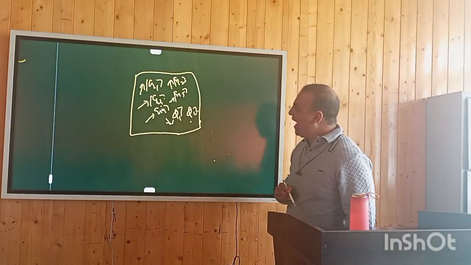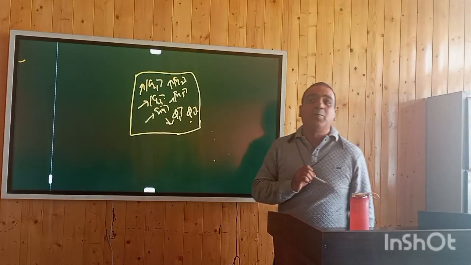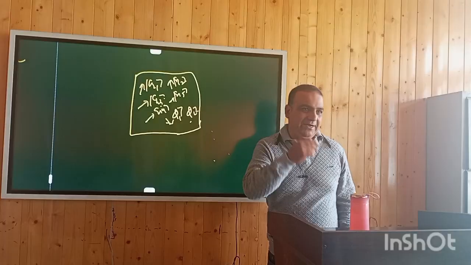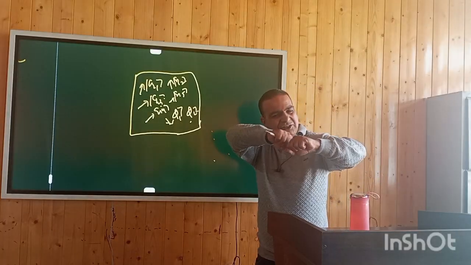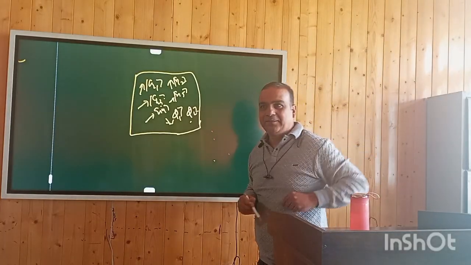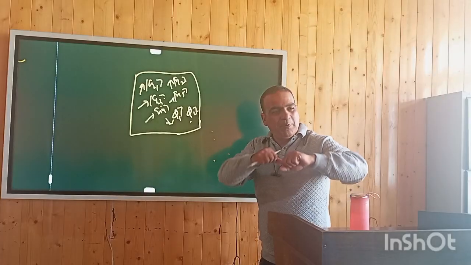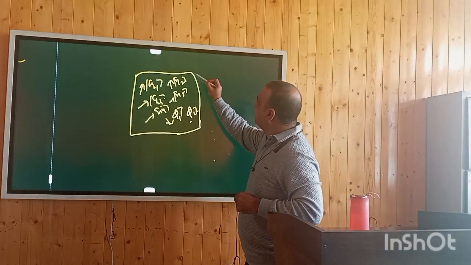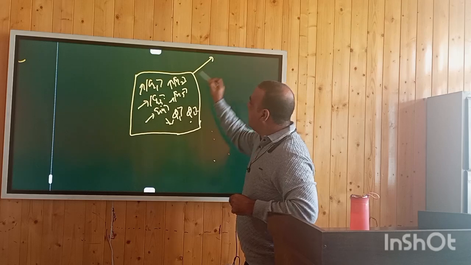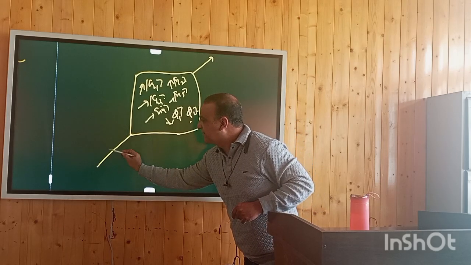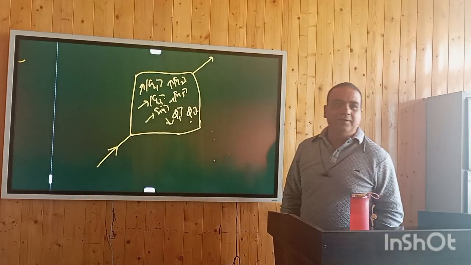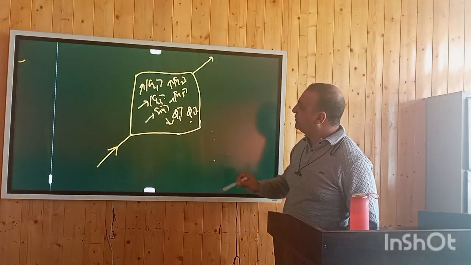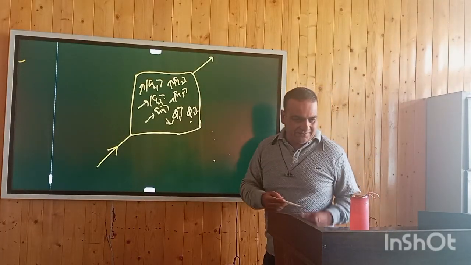And what am I doing? I'm using an operator. Now, my operator is a stretching operator, an operator which will stretch it. So when I use this operator, say for example, I use it in this direction. Now when I use this in this direction, what will be the result?